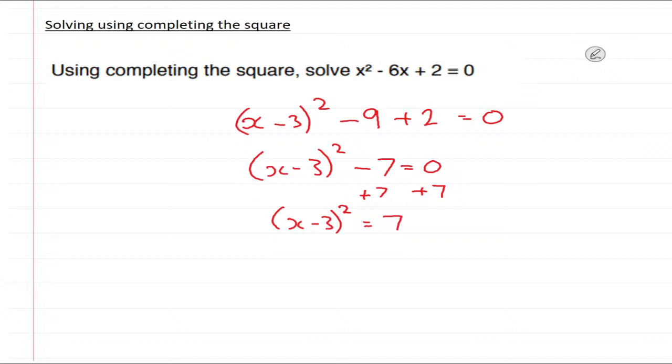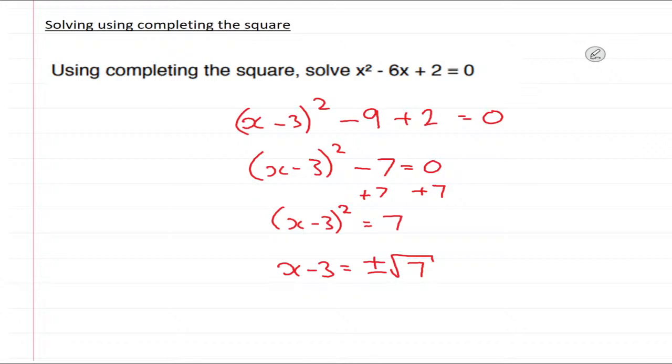What is the square root of that? It's plus or minus. You have to consider both. Okay? This here, x minus 3 is equal to plus or minus the square root of 7. That's where the plus or minus comes from. So it's going to be plus root 7 or minus root 7.